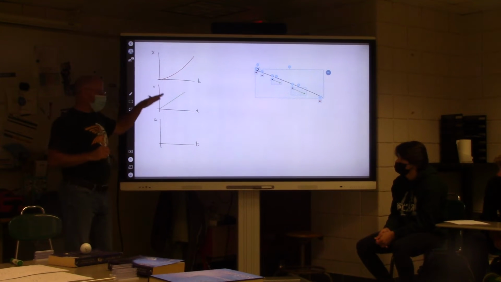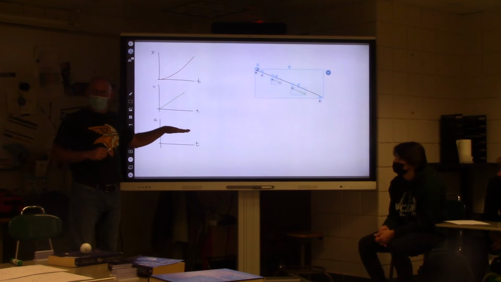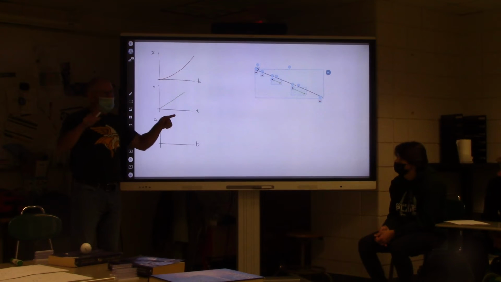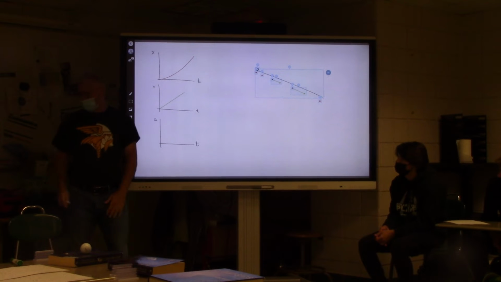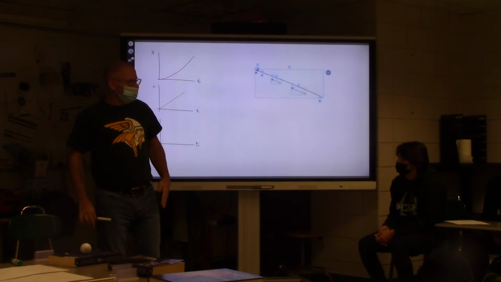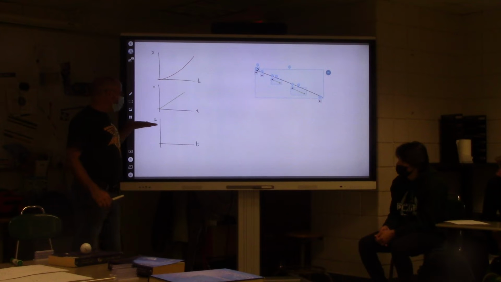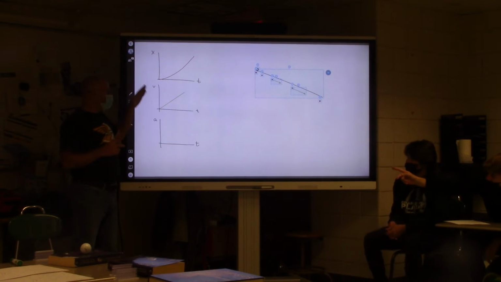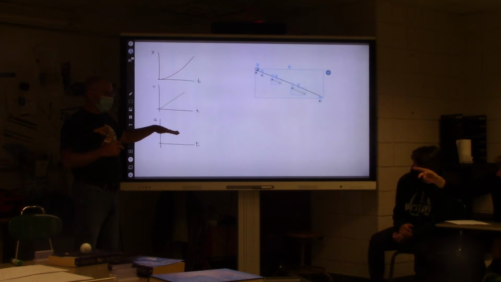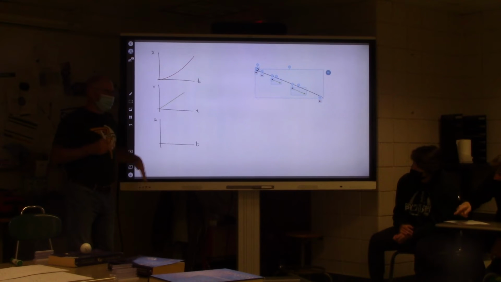If the slope of this graph is this value, what do you think this graph is going to look like? Check your neighbor. I go to graph the acceleration. Our definition is the slope of this is this. What's it going to look like?